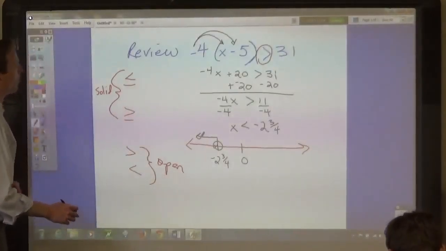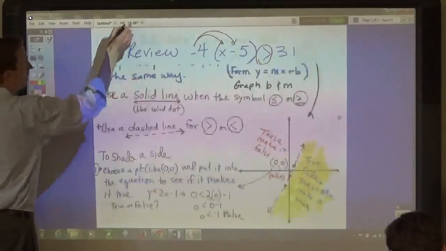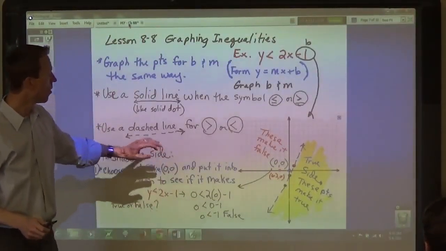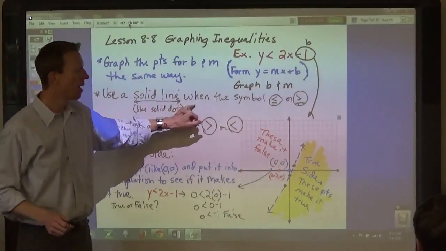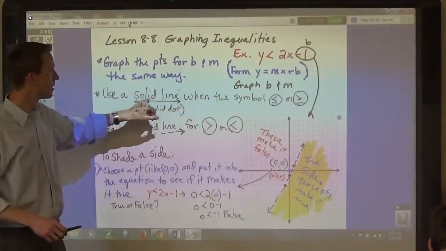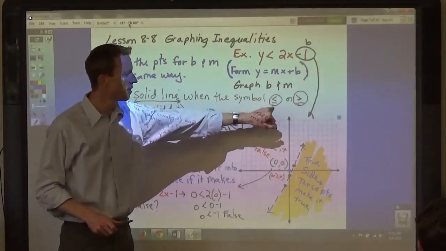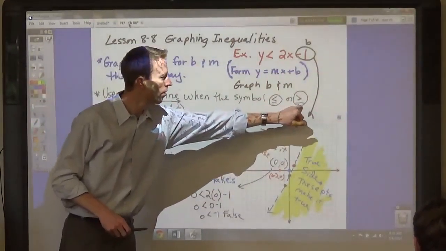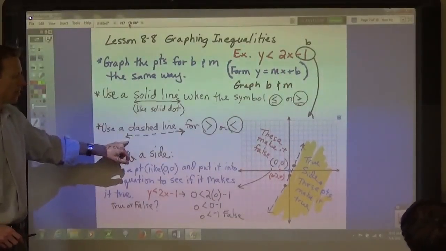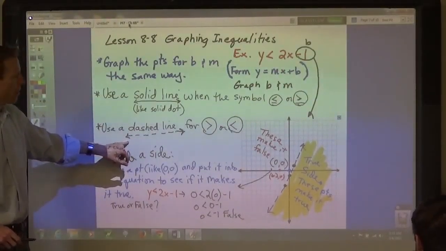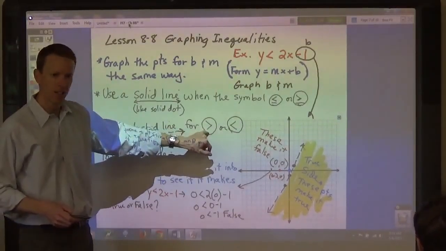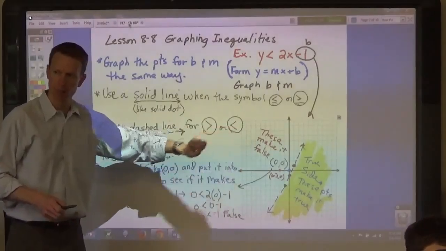Now, to review with graphing on a coordinate plane, we're going to be using a solid line instead of the solid dot. Use a solid line when the symbol is less than or equal to, or greater than or equal to. Use a dashed line when you're graphing the inequality if it has the greater than symbol or the less than symbol.